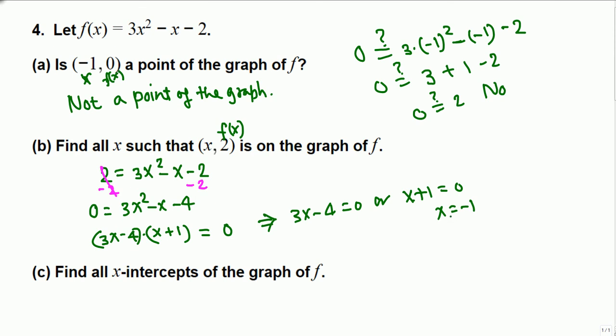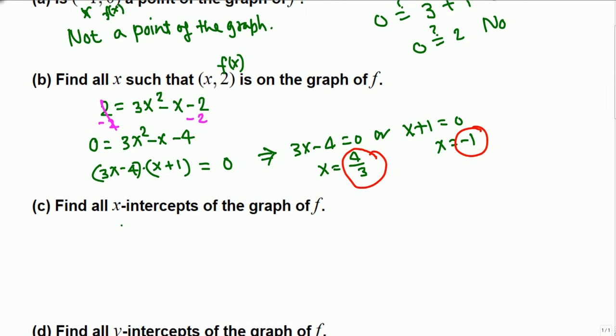Add 4 to both sides, so 3x equals 4, and divide by 3, so x equals 4/3. So these are the x values we are looking for. So the answer is 4/3 and -1.